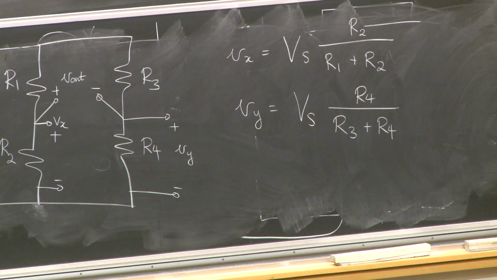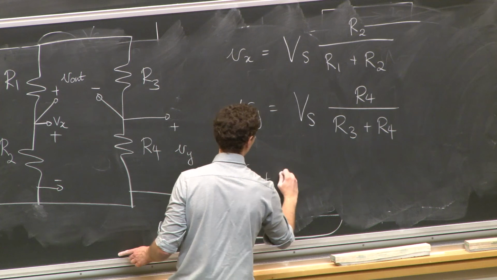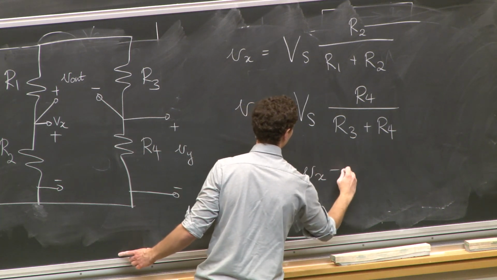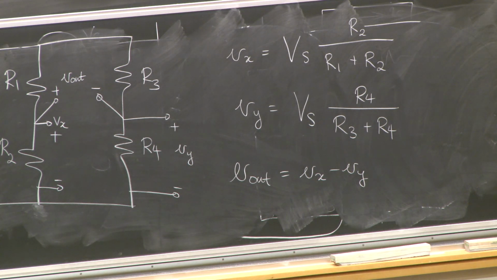What is that voltage? Vx minus Vy. Is that clear to everybody, why that is? Sorry? Could I explain it?